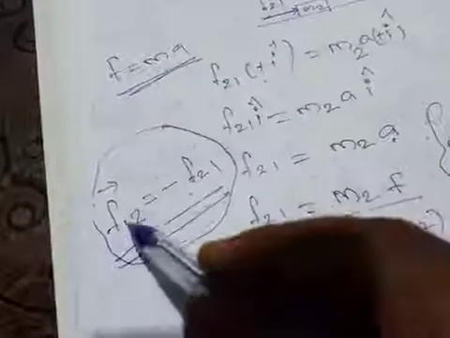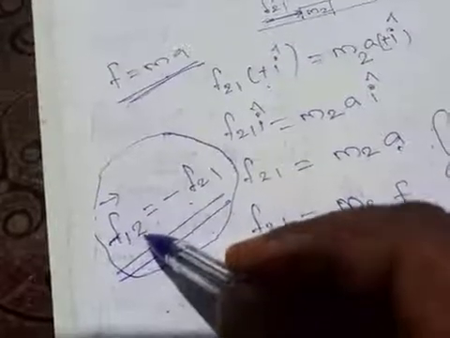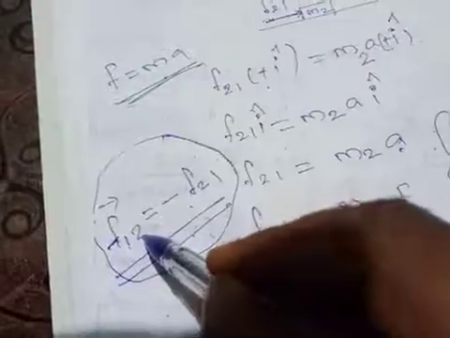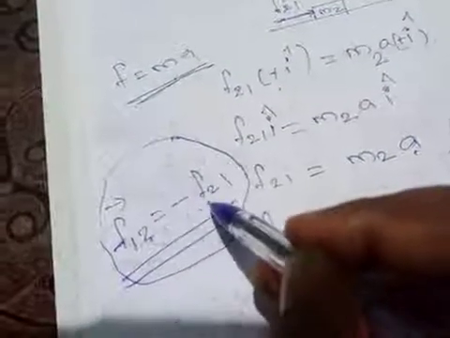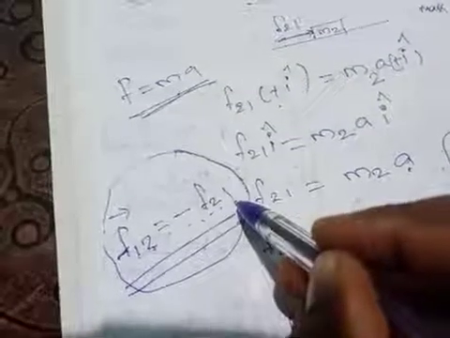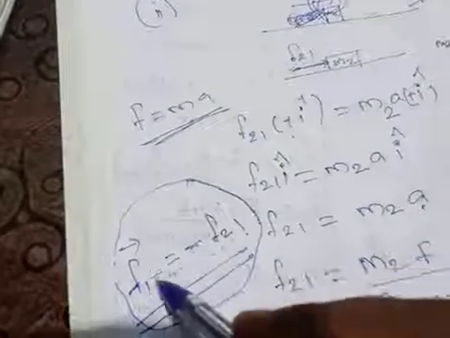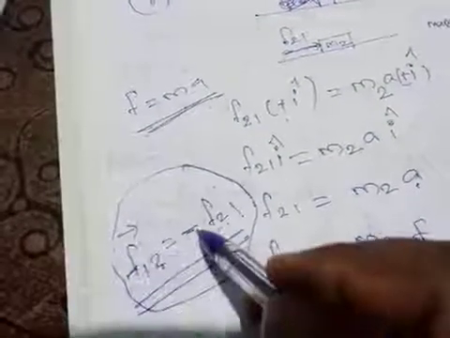The force exerted on object 1 due to object 2 is equal to the force exerted on 2 due to the object 1. So here, every action has an equal and opposite reaction.